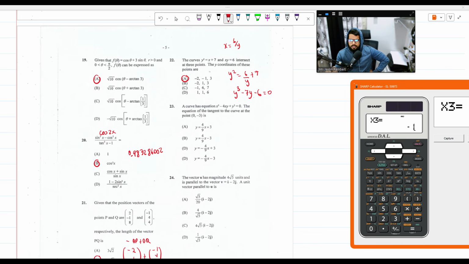Bring that across. A curve has equation this. No, we didn't do implicit differentiation in unit 1. So why did I bring a question like this for?